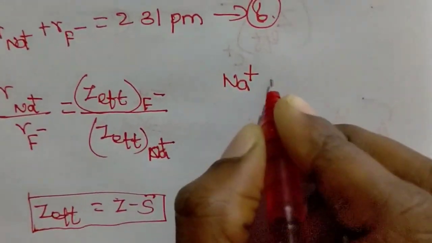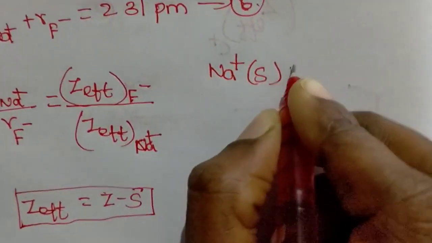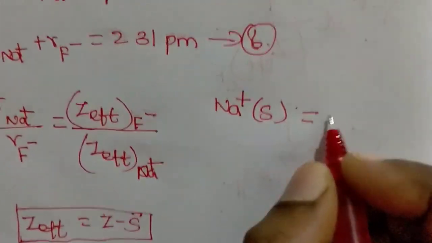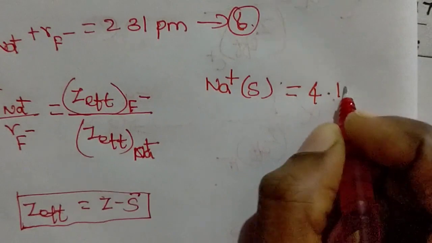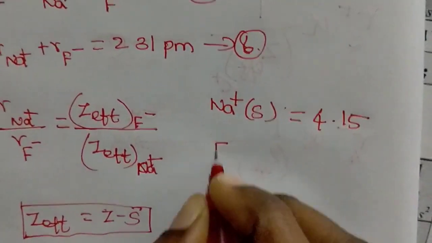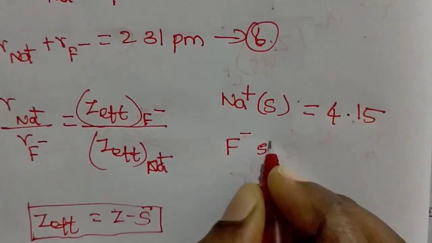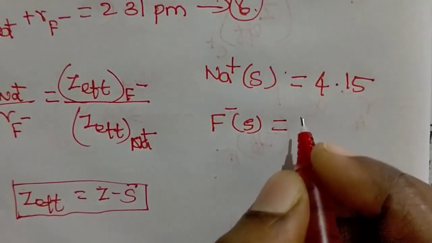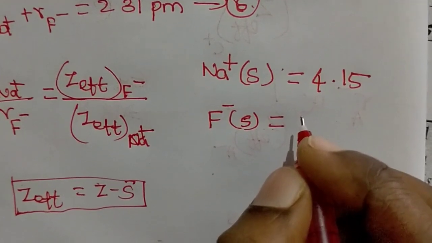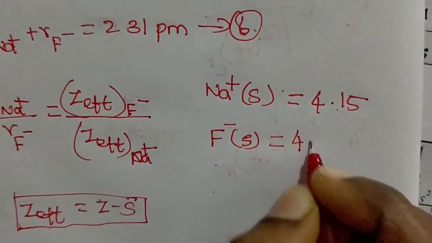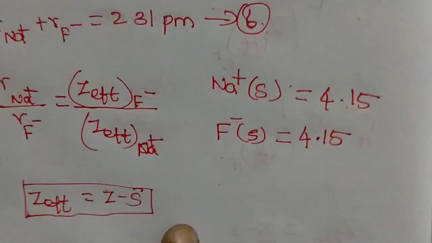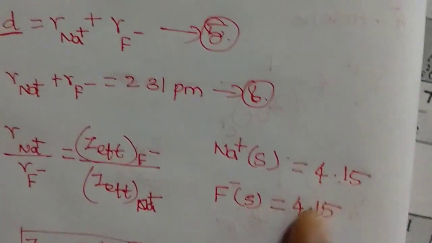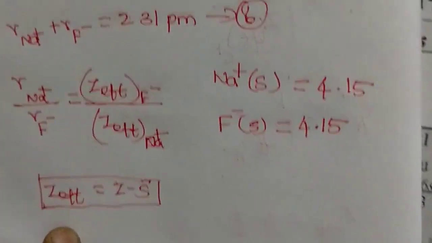Na+ screening constant, and F- screening constant 4.15. Okay, they have already given this data.